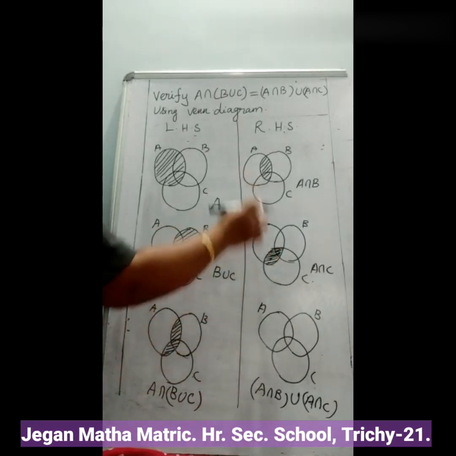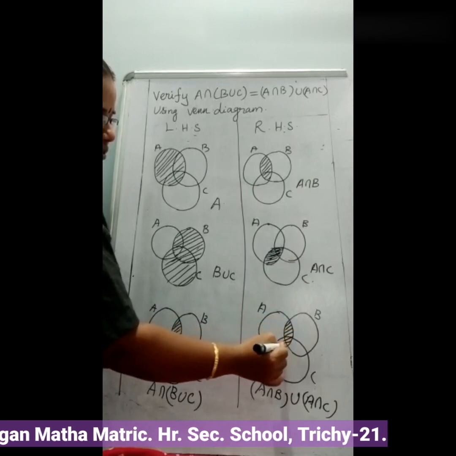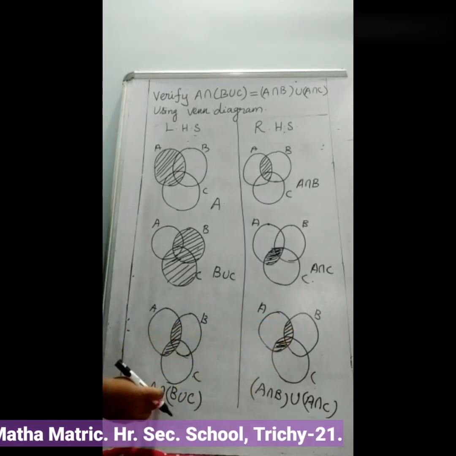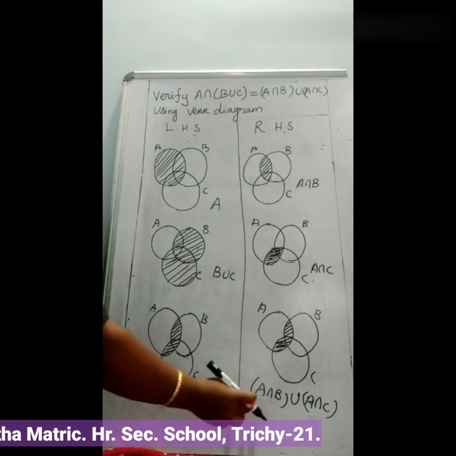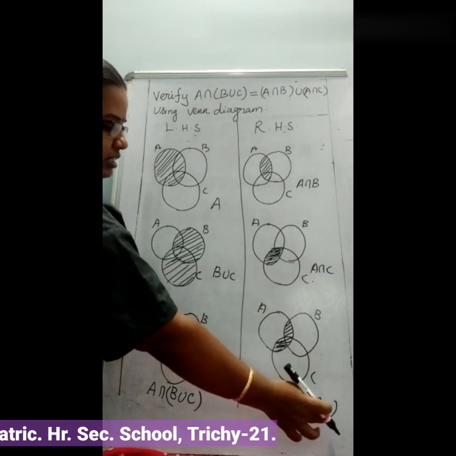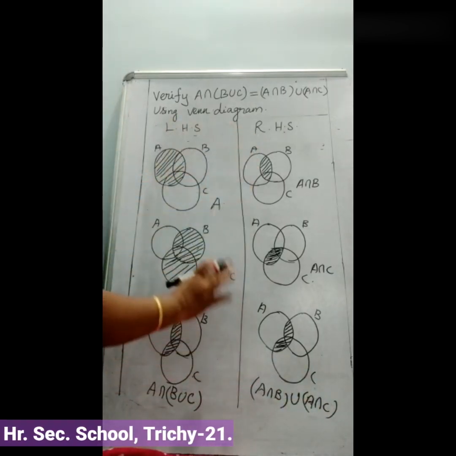And you have to combine together, means these two portions. So you have to shade like this. So what is LHS? A intersection (B union C) is equal to (A intersection B) union (A intersection C). So LHS is equal to RHS, hence proved.